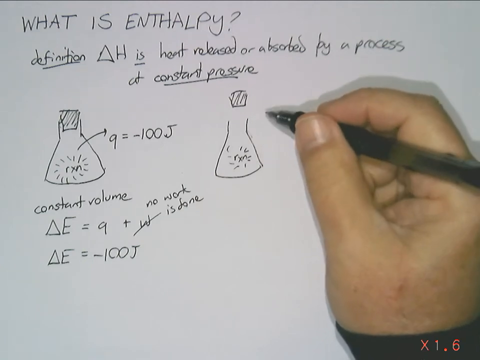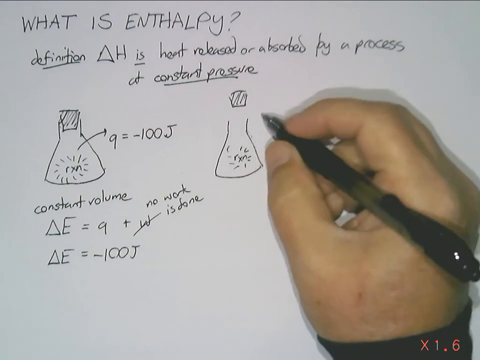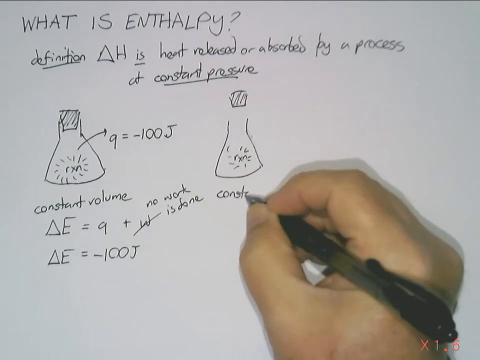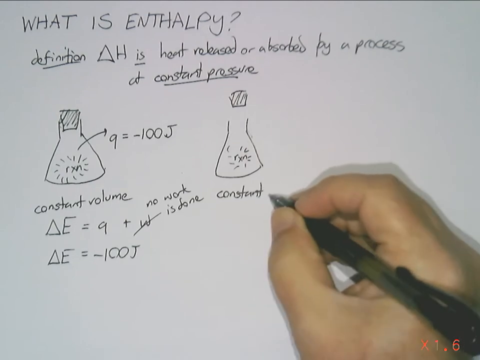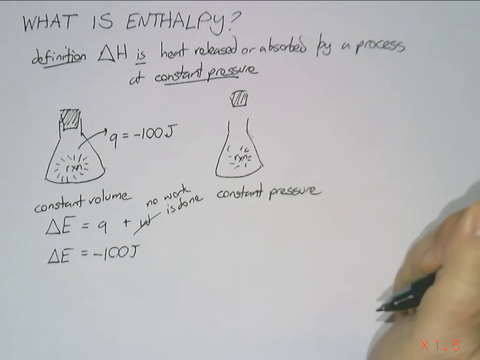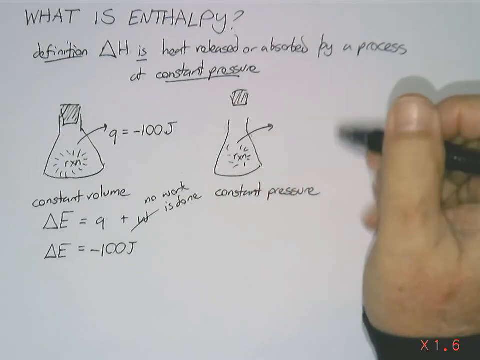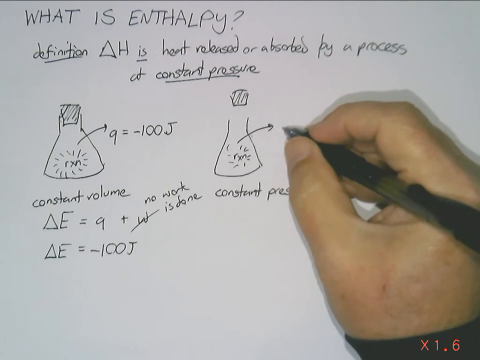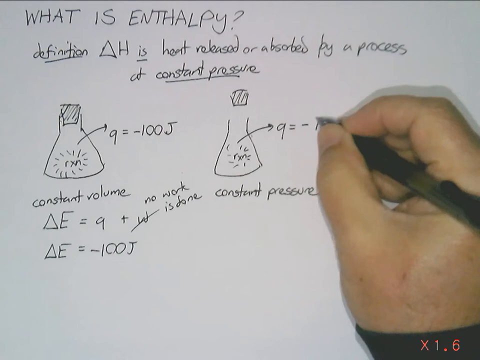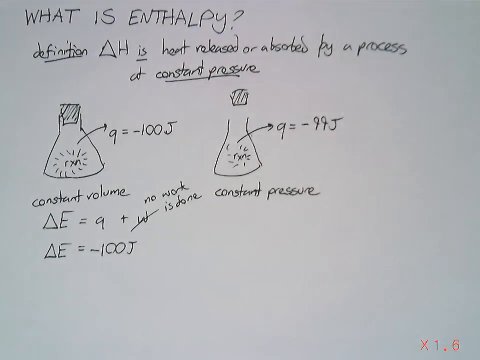Maybe I do this very quickly so that heat doesn't have a chance to escape. But this is a constant pressure situation. Now, I might measure with a calorimetry experiment the amount of heat that comes out of the reaction. And I might get something like this. A little bit less heat is released.